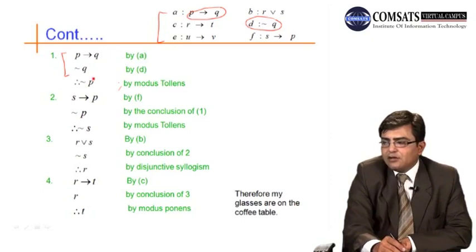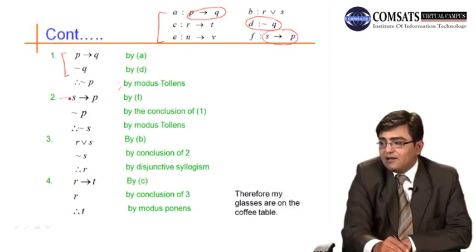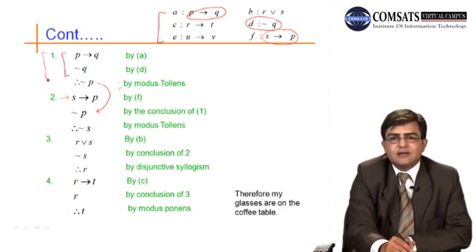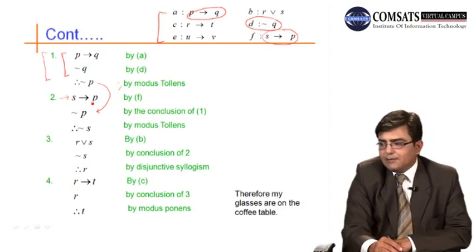Now we connect this F, S implies P, with the conclusion of the first step, not P. We combine S implies P and not P, and what is this? This is again modus tollens.